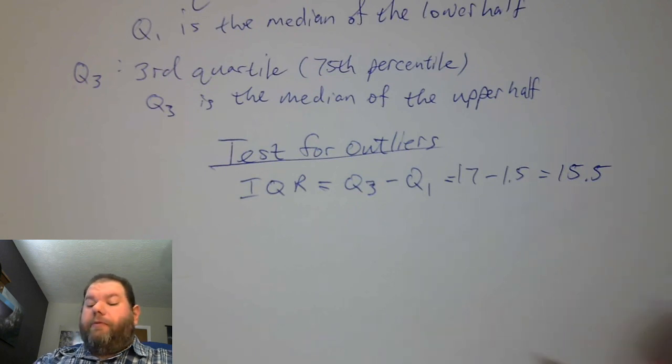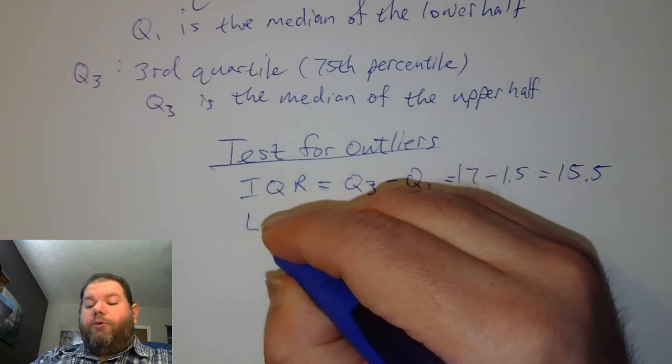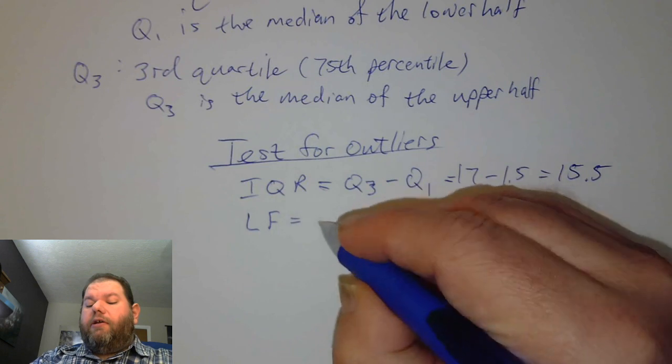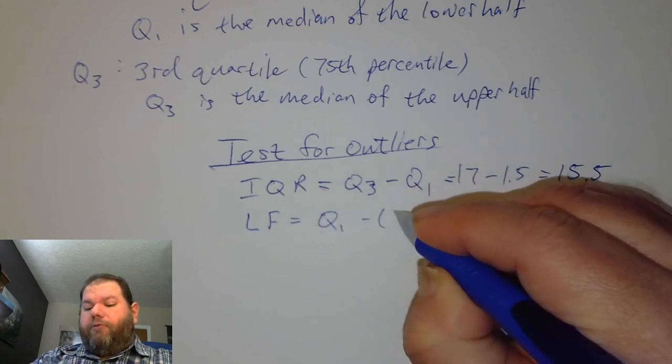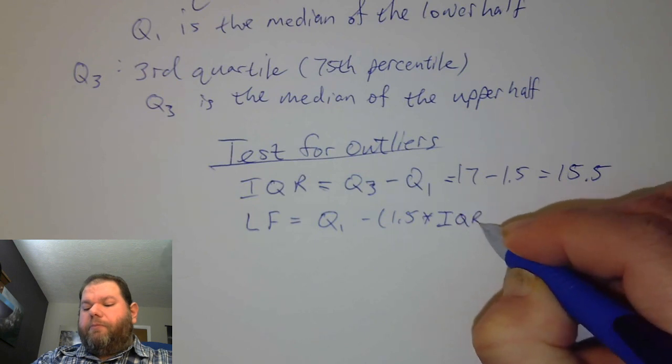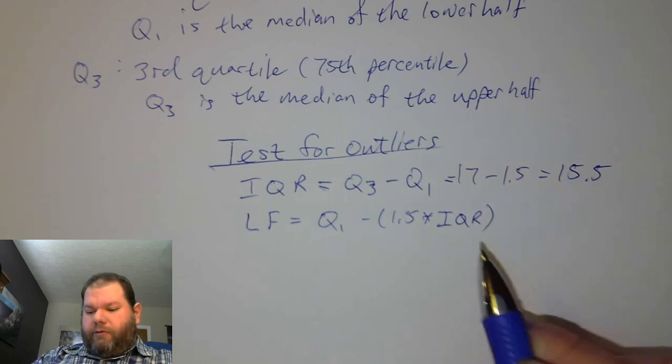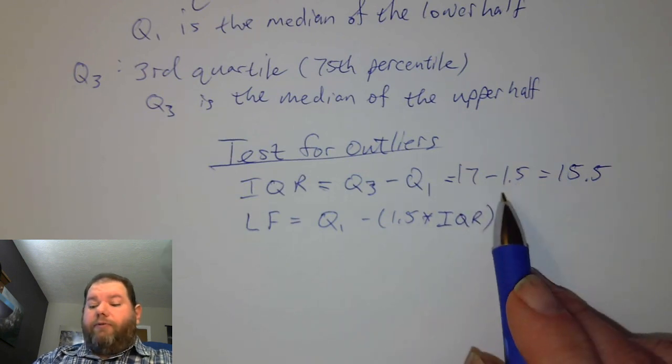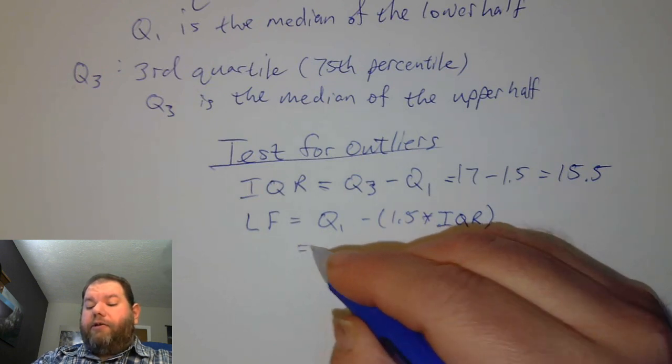Okay. Next, we find the fences. The lower fence is Q1 minus 1.5 times the IQR. Q1 is 1.5 already.